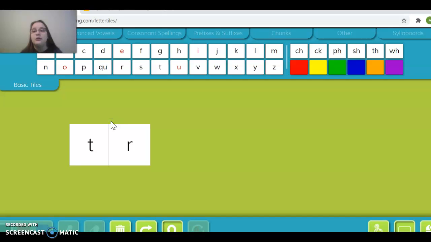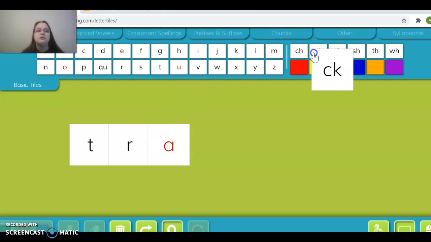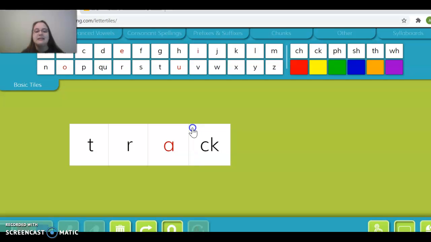Sometimes if you break apart the sounds, you can put these two sounds together because you know that's an R blend. Then we have a, which we know is our letter A. We have the k sound at the end of our word, which we know means it gets a CK. So we have track.